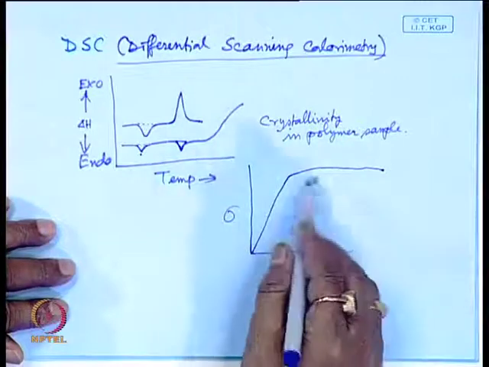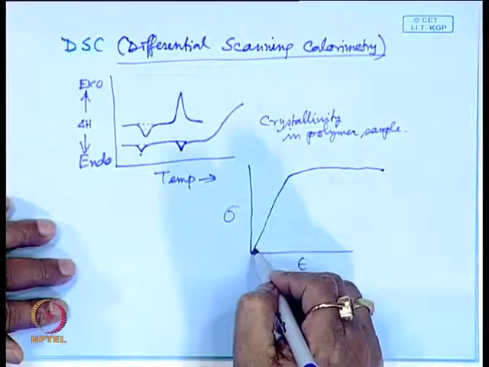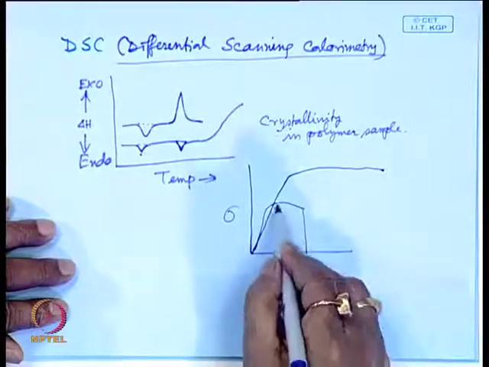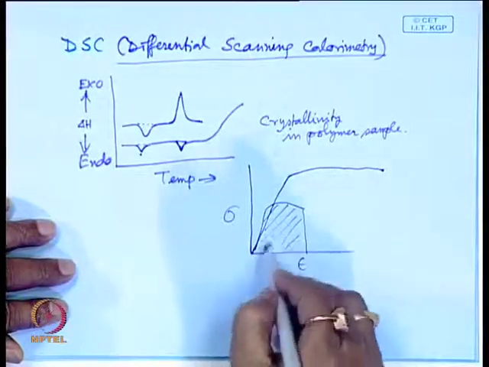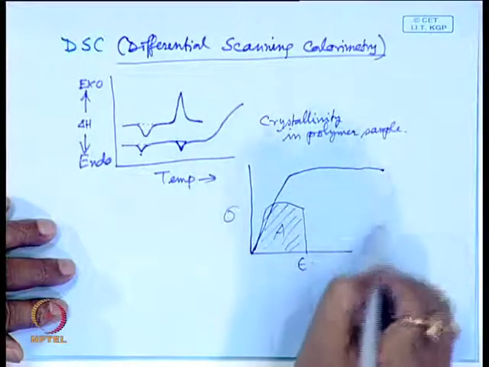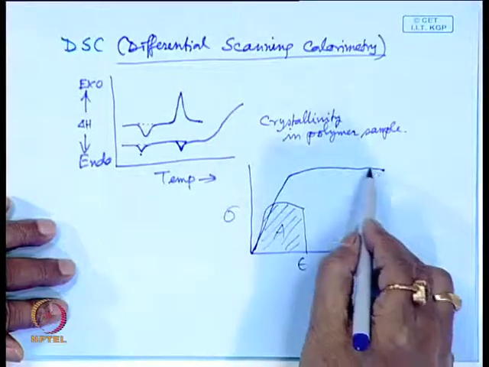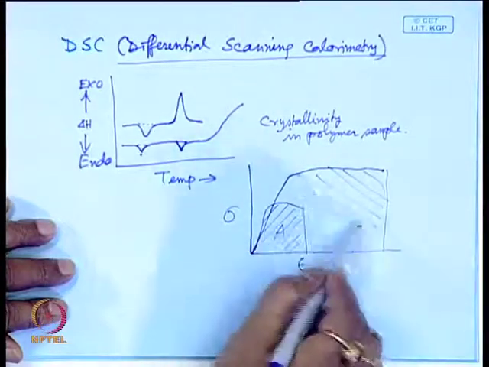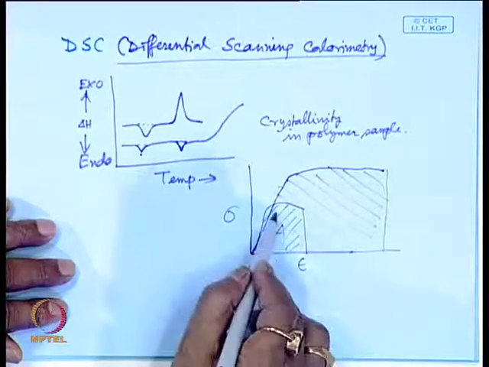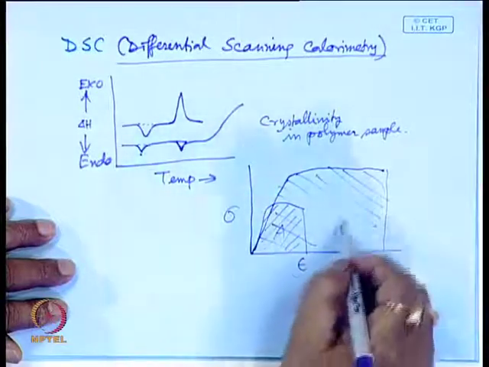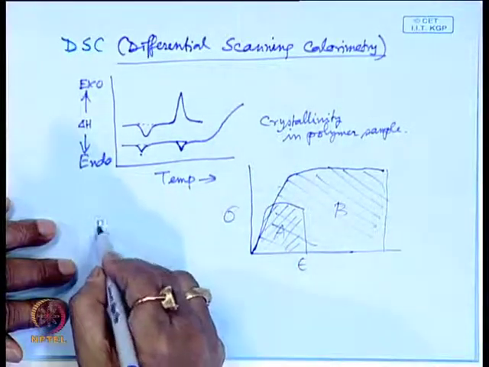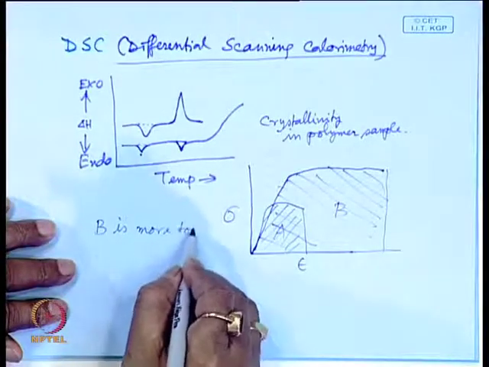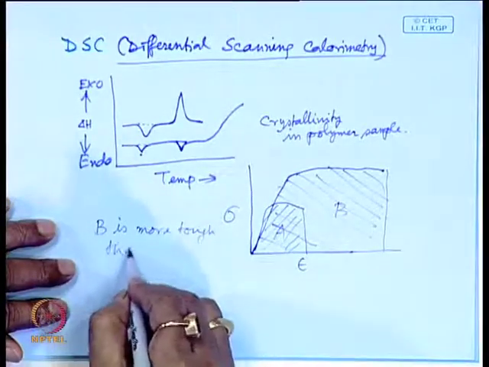So, if you compare this material with another material like this, say A, and this is B, B is more tough than A.